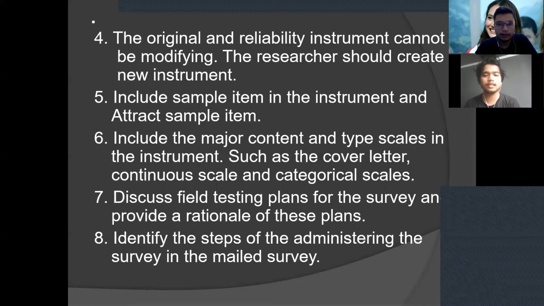Discuss field testing plans for the survey and provide a rationale for this plan. Identify the steps of administering the survey in a mailed survey.